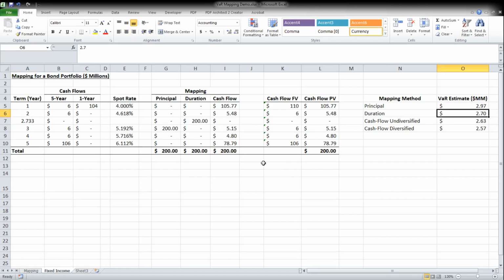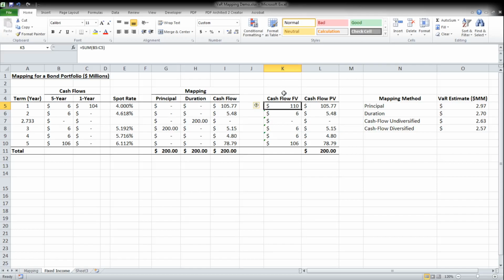Now, cash flow is a little bit more complex. It's a little bit more accurate. The cash flow method to map these bonds actually takes into account cash flows at every point in time. So during year one, here I break it down by future value and the present value of the cash flows. During year one, the first bond pays $6 million and the second bond pays $104 million for a total cash flow of $110 million at the end of year one.